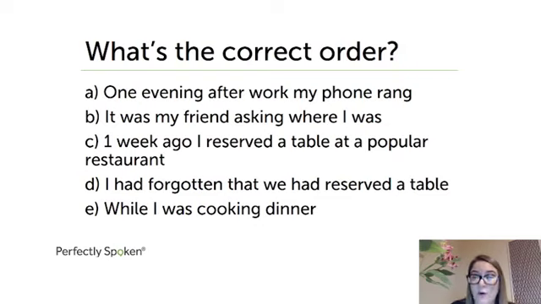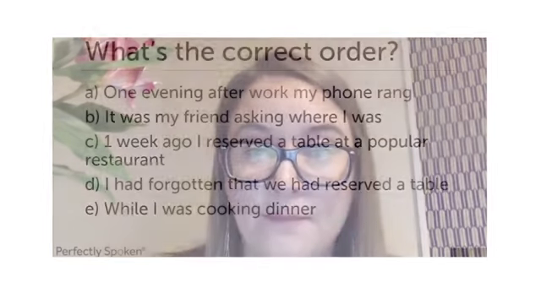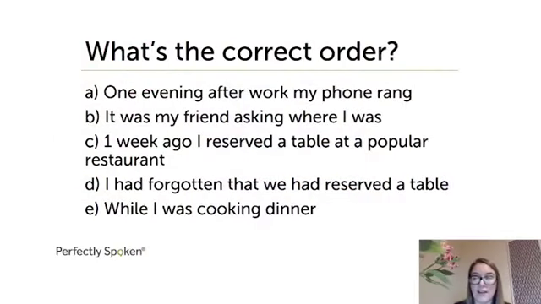And E, while I was cooking dinner. So all I want you to do here is to read the sentences and logically, what do you think the correct order, the correct sequence is here? So let's have a look at them one more time. Pause the slide and see if you can put them in the correct order.